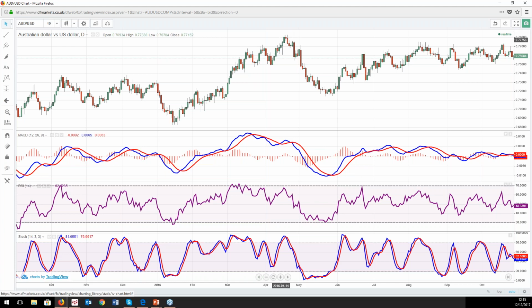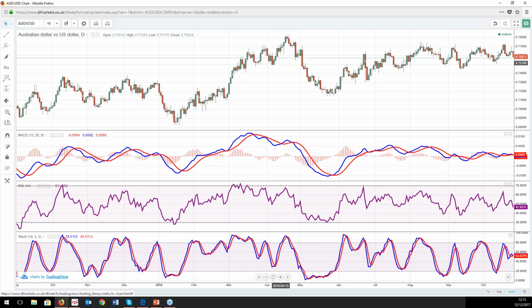We made a new high here, but the MACD made a lower high, and then it gave a sell signal here, the blue line dropping through the red line, which is somewhere around here. And there we go, we've got to move lower.